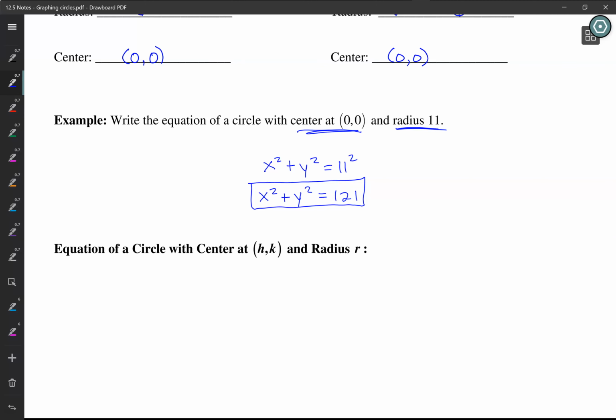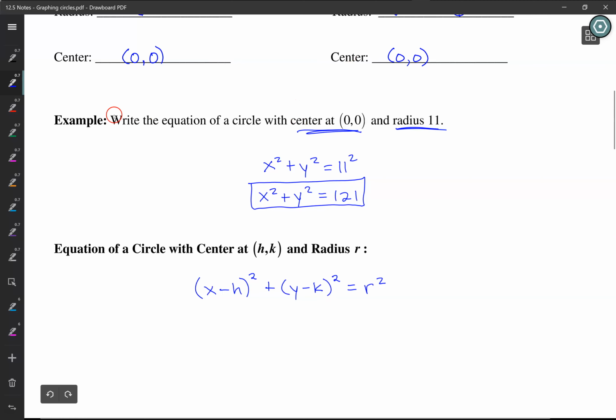So the equation looks like this. We're going to call the center (h, k). So h is the x of the center, k is the y of the center. And the equation is going to look like this: (x minus h) squared plus (y minus k) squared equals r squared.